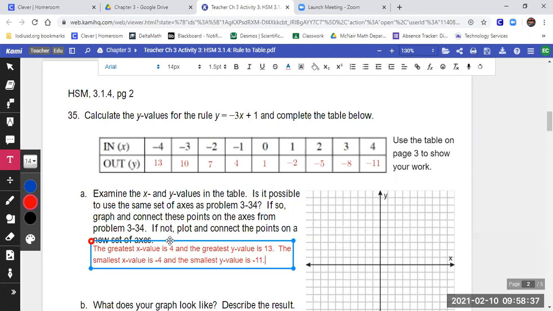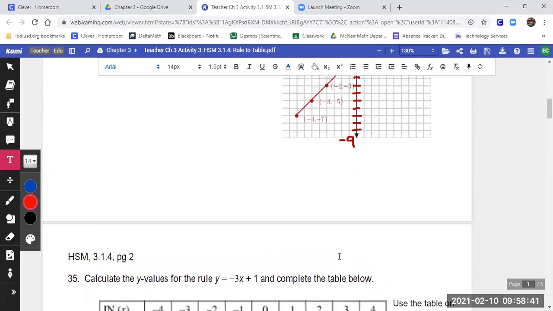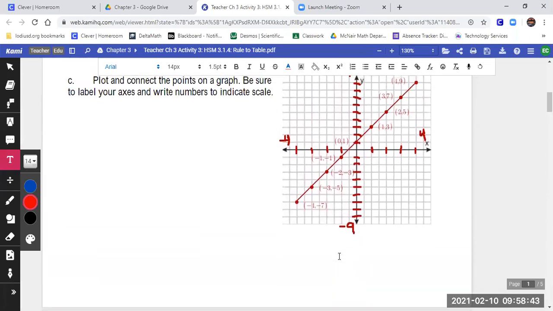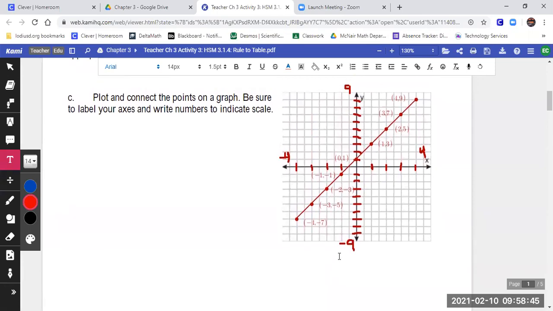Yes. So if I were to try and put this on number 34, so we're going to scroll back to it and look. Is there even room for our largest Y and our smallest Y? Is there room on this graph for a -13 or +13 and -11? Is there room for the Y's?